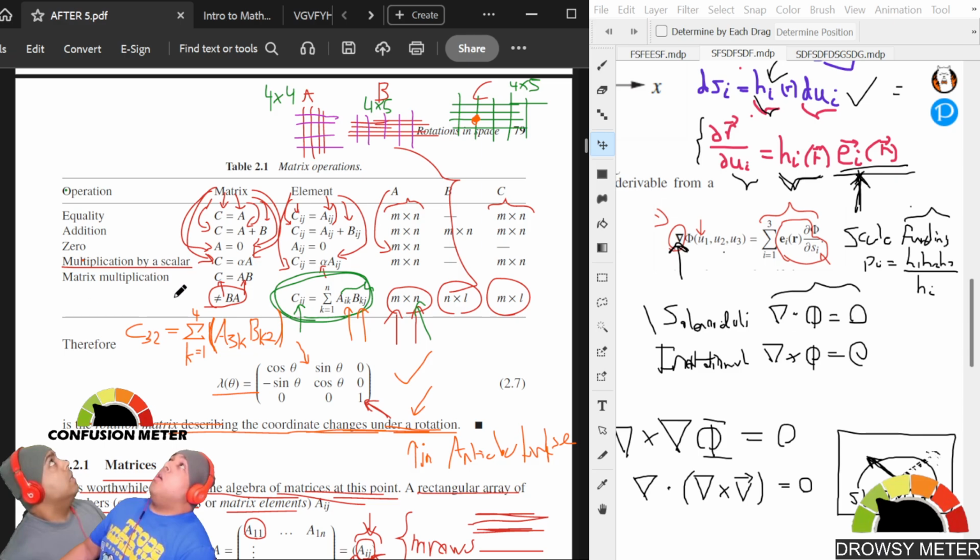So row 3, k. Row 3: 1, 2, 3. So this row here. And k2, this column here.